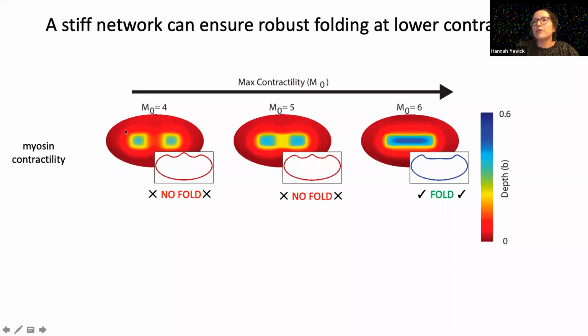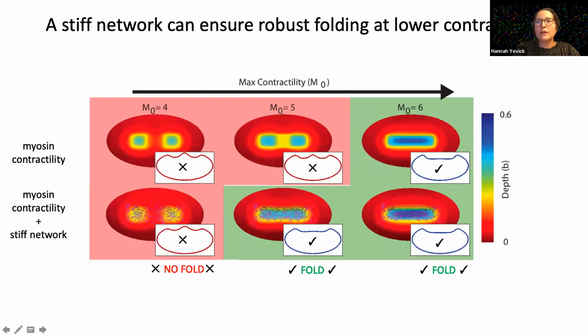So as I mentioned before, if we tune up the amount of myosin contractility, we go from the shell dimpling to forming this furrow shape, which is similar to what we see in experiments. But then if we add this stiff network in addition on top of our shell, what we see is that this furrowing shape, so here this green region, occurs at a lower level of myosin contractility than on a shell that does not have this stiff network.